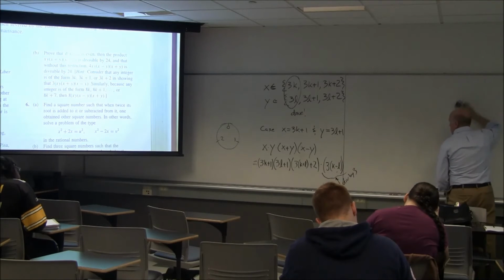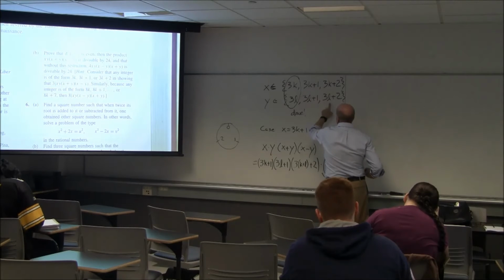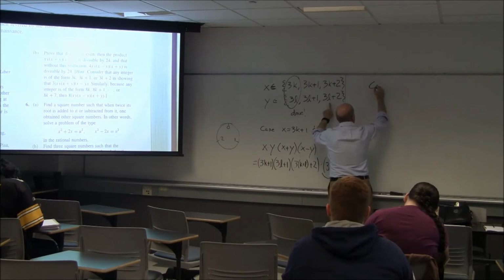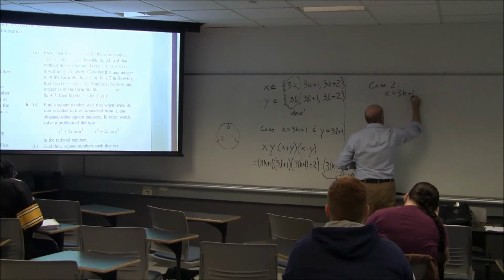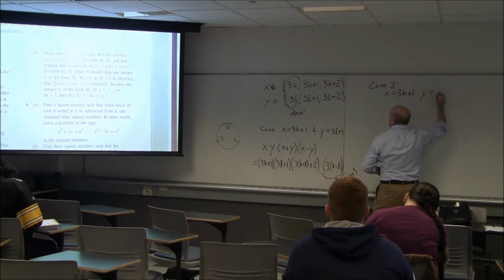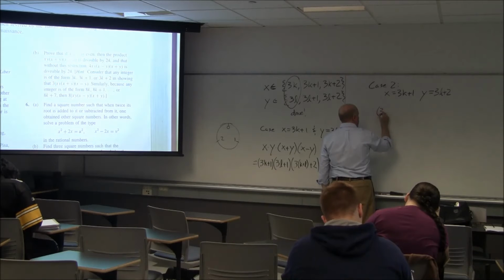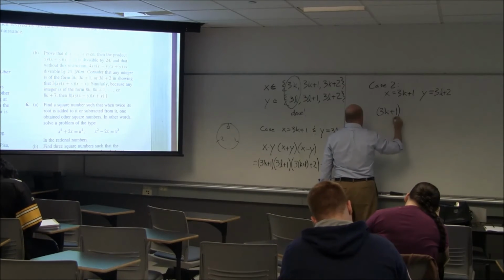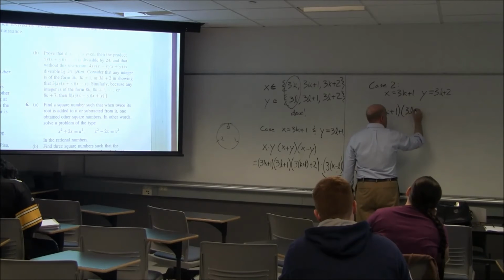So what are the remaining cases? Well, suppose we had 3k plus 1 and the other possibility for y, 3l plus 2. So I'm going to write the factored form of our thing. It's 3k plus 1, and we'll go for that, 3l plus 2, that's not helping either. Neither of these are multiples of 3.